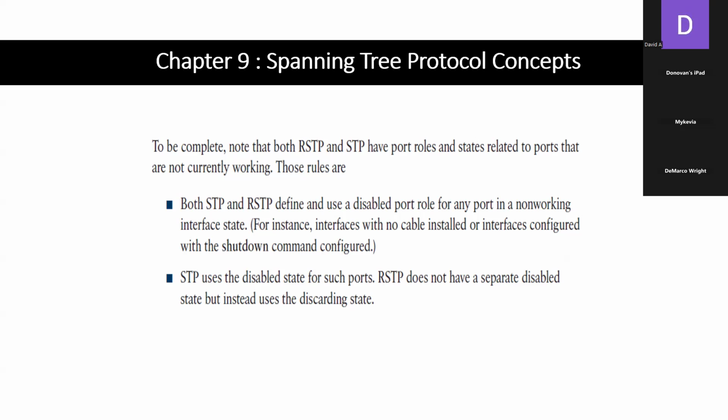That is what it means to be in a disabled port role for this non-working state. Spanning tree uses the disabled state for such ports. Rapid spanning tree does not have a separate disabled state, but instead uses the discarding state.